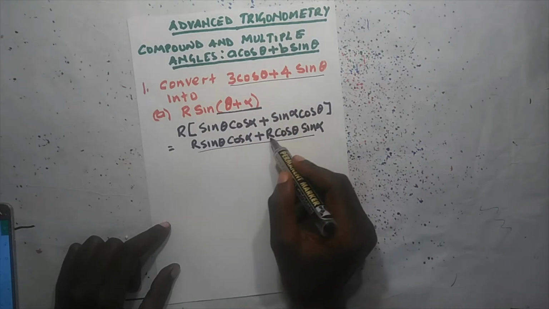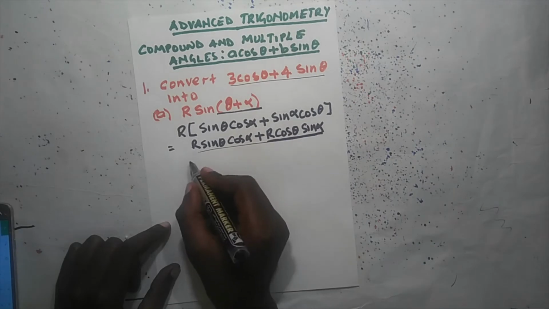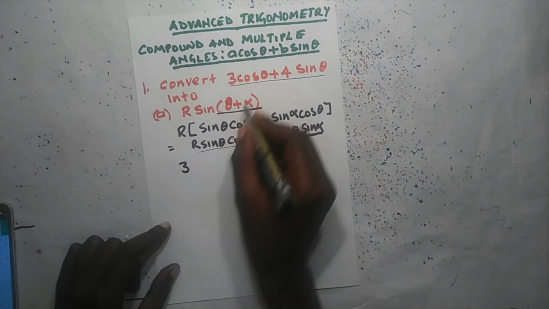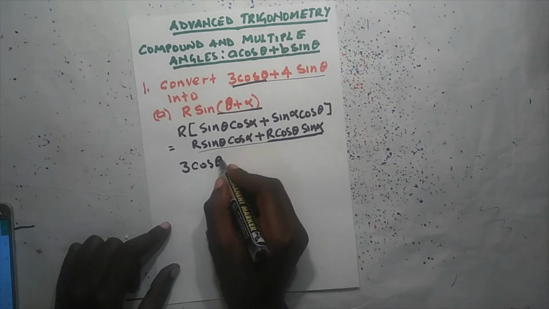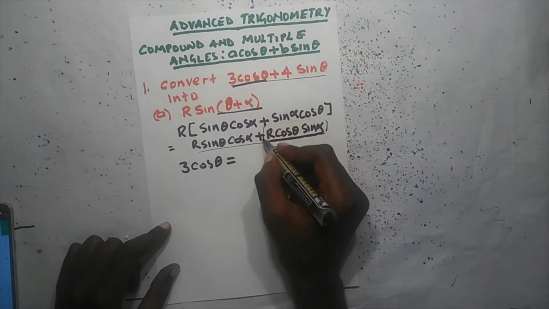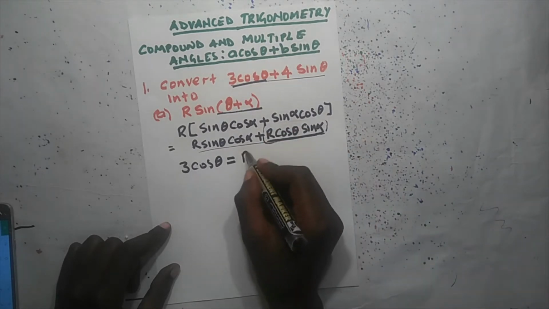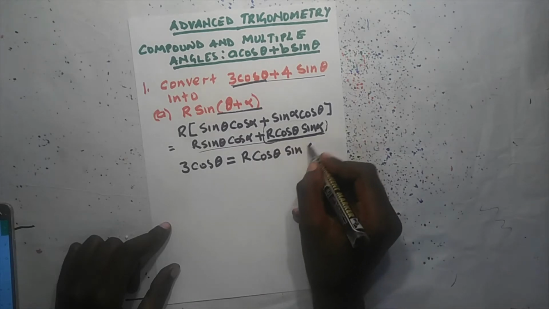The one on the right side has cos theta. So 3 cos theta is equal to this part of the expression, which is r cos theta sine alpha.